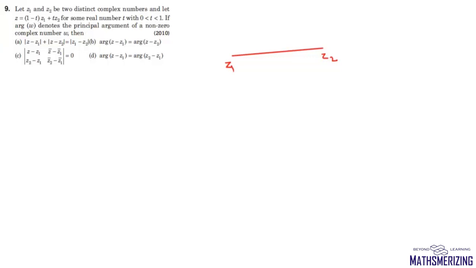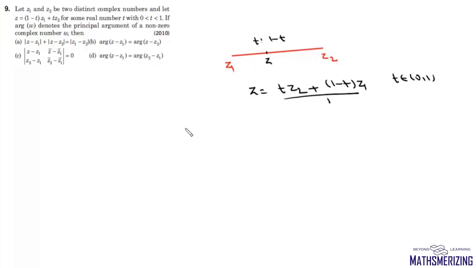So we take a point Z which divides Z1 and Z2 in the ratio t is to 1 minus t. So we can write this Z as tZ2 plus (1 minus t)Z1 upon 1. Now since t lies between 0 and 1, this point Z will lie between Z1 and Z2.